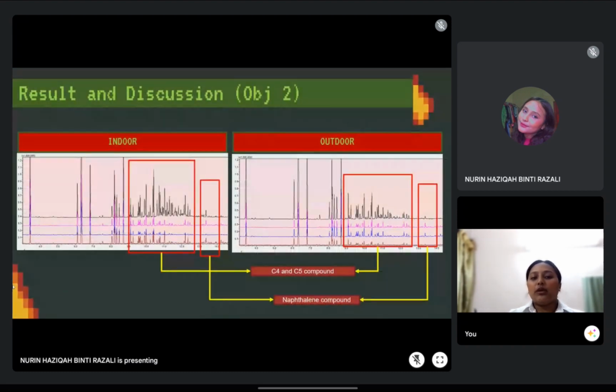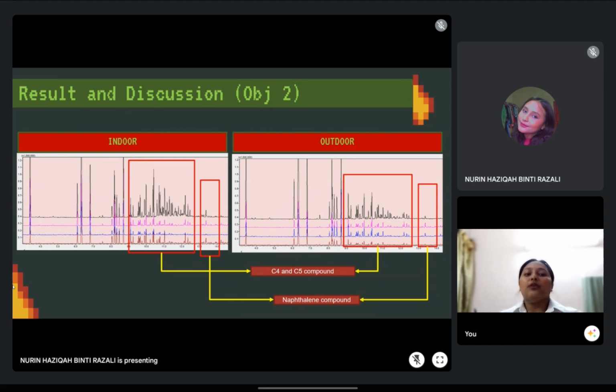Next, we will be observing the result of the effect of tropical weathering on the synthetic substrates during long intervals. As I mentioned earlier, as time increases, the peak height of the compounds will decrease, especially for lower molecular weight compounds. However, higher molecular weight compounds show a difference as they seem to decrease and increase over time.